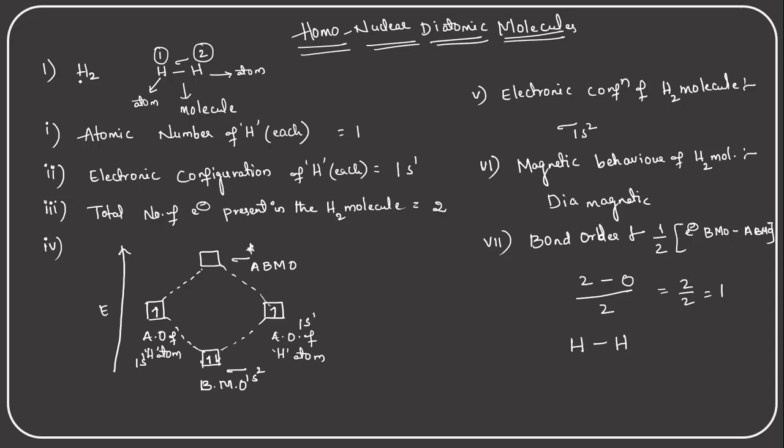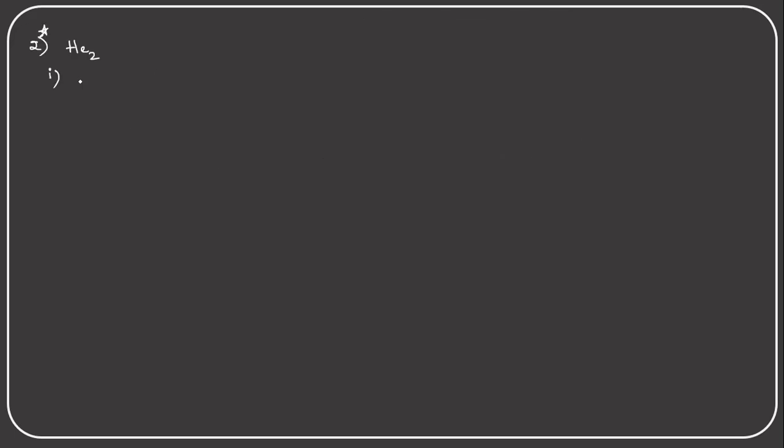And for heteronuclear diatomic molecules, two more points will be added. So for helium I am taking, the helium molecule is a combination of two helium atoms, right? As I explained earlier in the case of hydrogen, the helium molecule has two atoms of the same element, the helium atoms only.